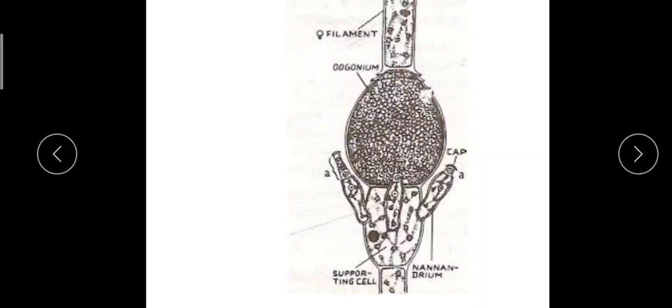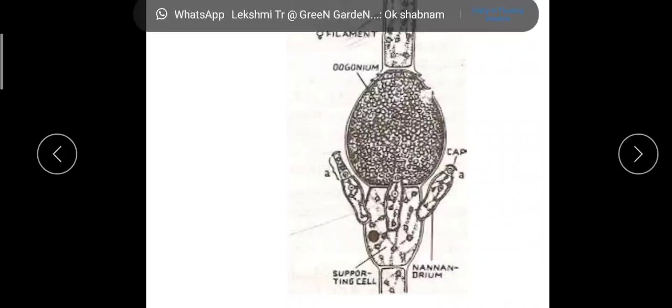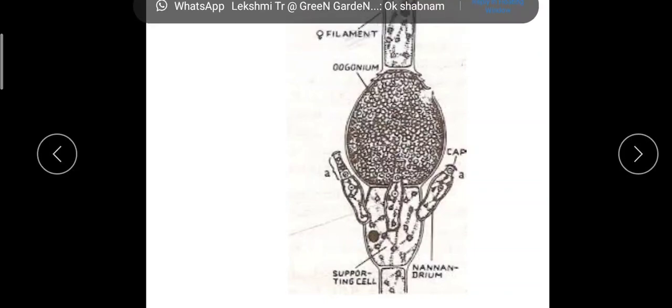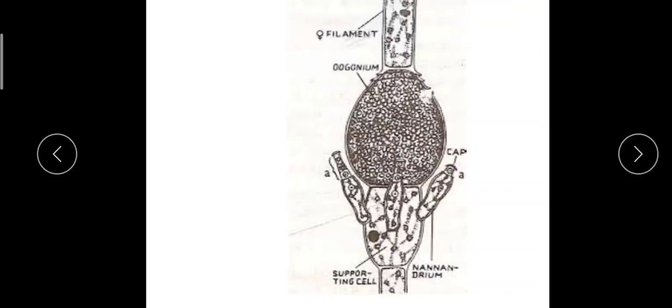The zygote is liberated by the decay of the oogonial wall, and it sinks to the bottom of the pond. It may undergo a period of rest or it may divide immediately. The diploid nucleus of this zygote divides by meiosis before germination, and 4 haploid cells are formed. These migrate into mucilaginous vesicles and differentiate into multiflagellate zoospores.